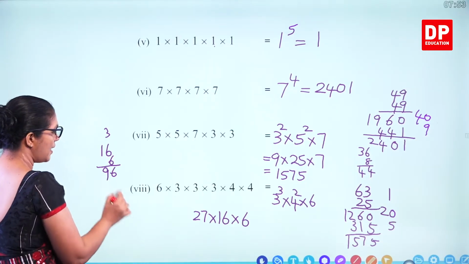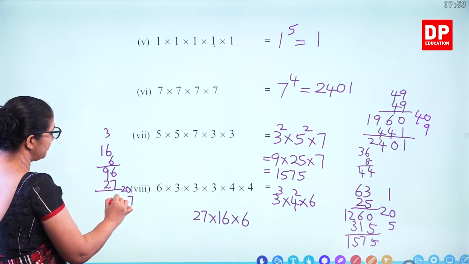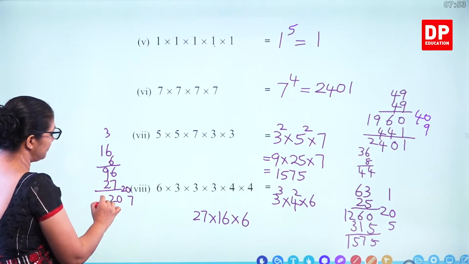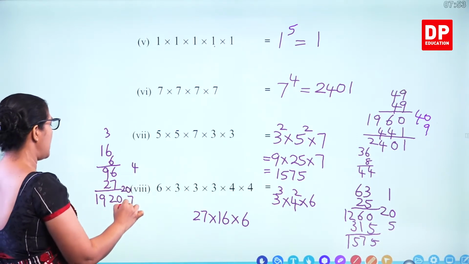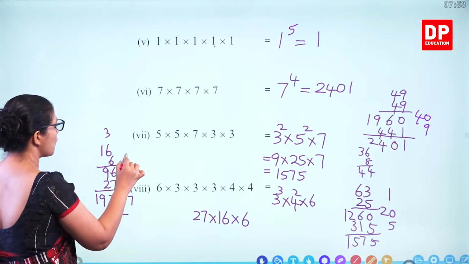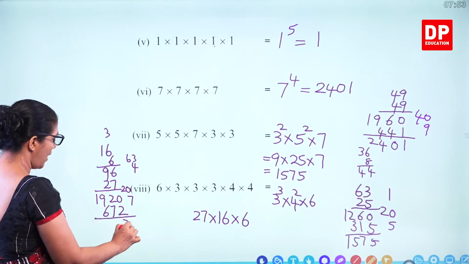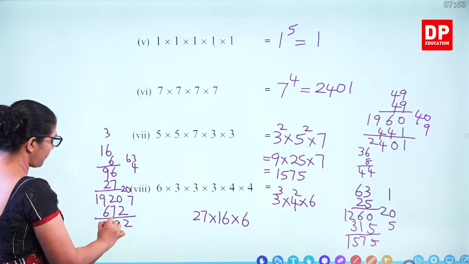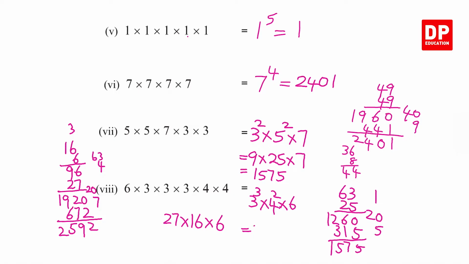And multiply by 27. 20 and 7. 2 times 9, 18 plus 1, 19. 7 times 6, 42. 4 remaining. 7 times 9, 63. 63 plus 4, you get 67. Add it. 2592.